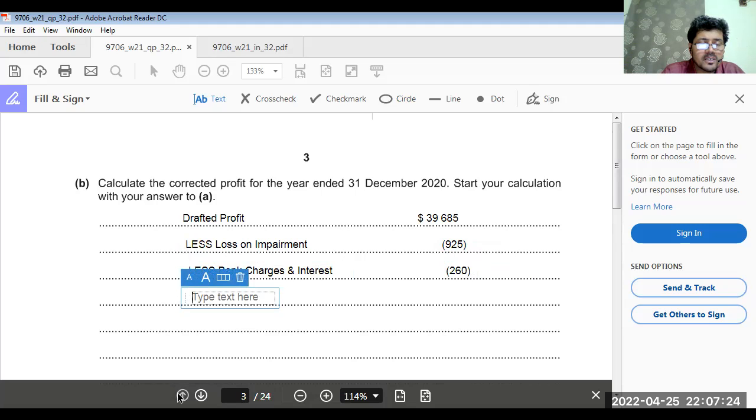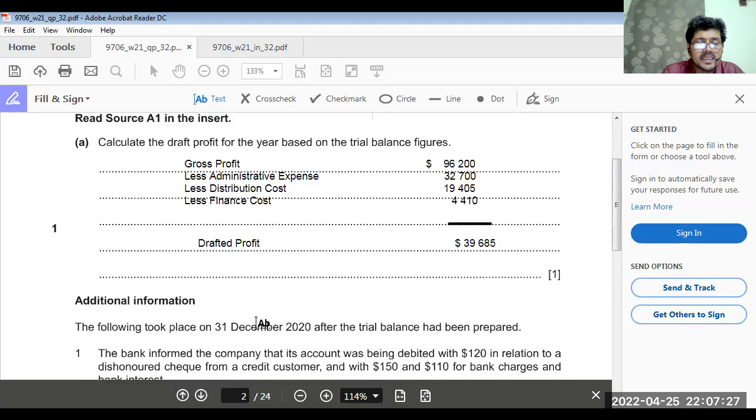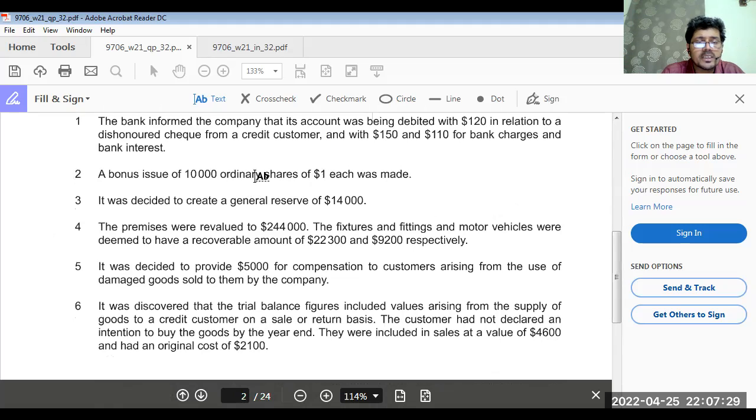Next, again go to the question. Sorry, the adjustments. This is bonus share. General reserve. Revaluation. 5,000 compensation to customers arising from the use of damaged goods sold to them by the company.